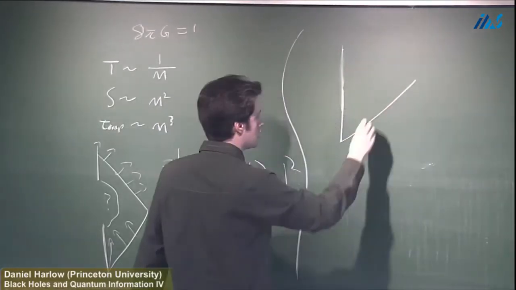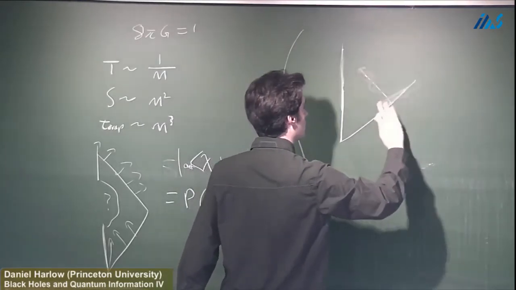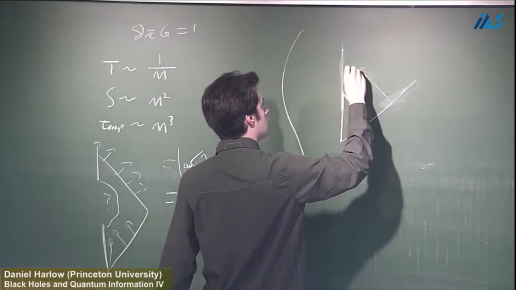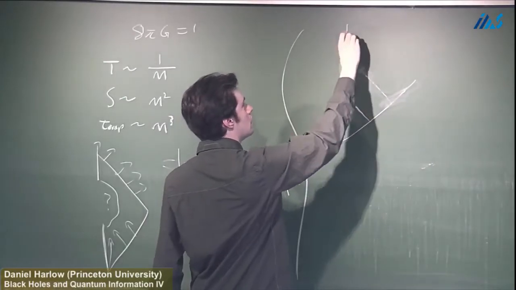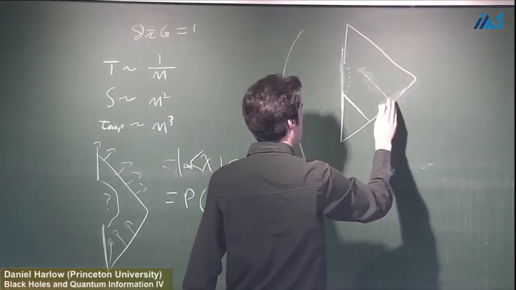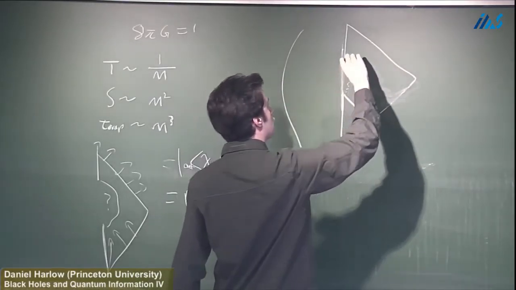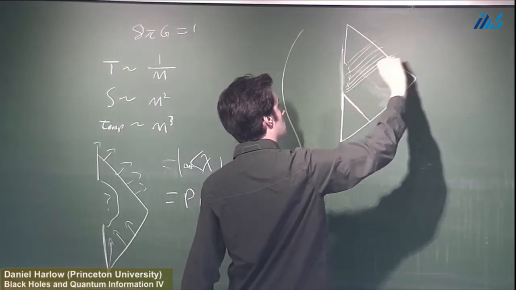So far we've been drawing this picture where you send in this shell of photons. Maybe I'll send it in lower. There's some horizon that forms here. Eventually the horizon goes away, and we're left back with Minkowski space. So that's after the black hole has completely evaporated. That's a horizon there. And then the way it evaporates is that all along here there's Hawking radiation coming out.